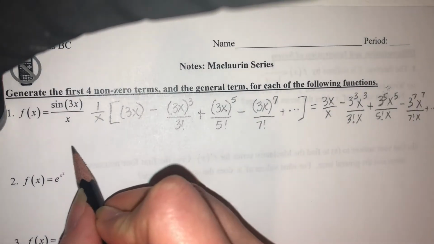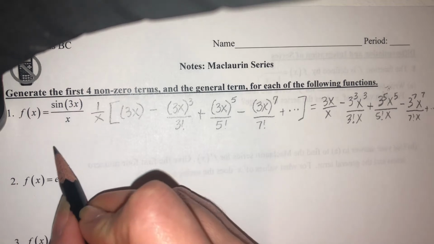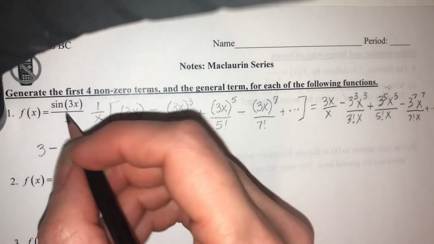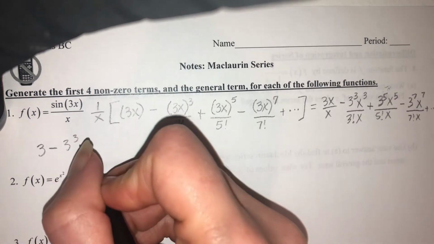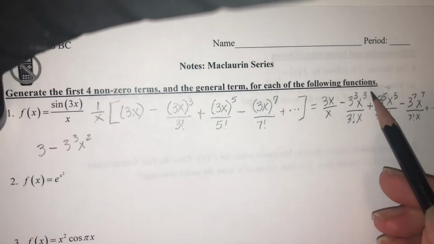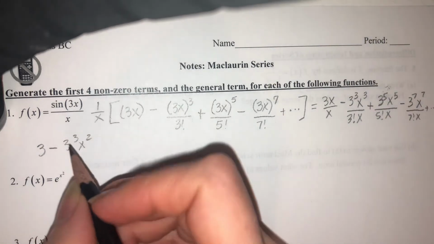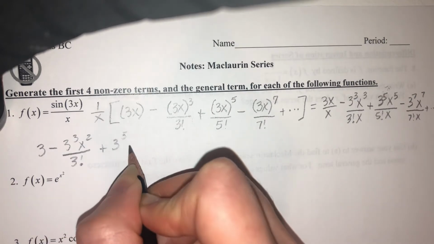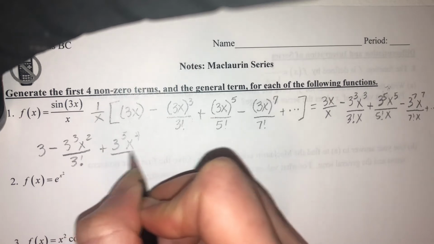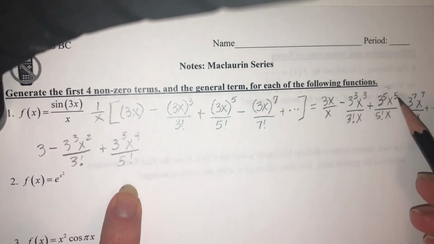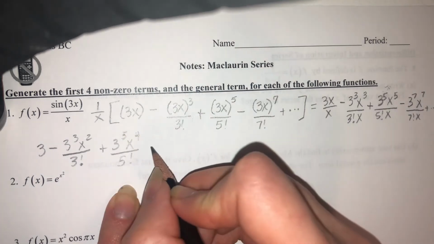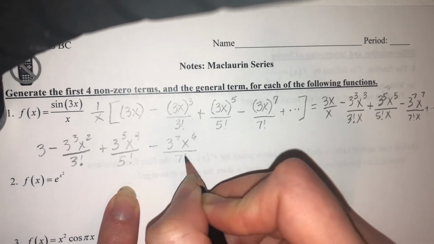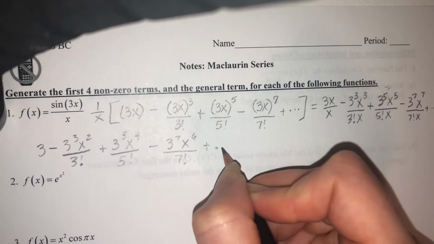X divides out an x, so the first term is just going to be 3 minus, we'll have 3 cubed and then x squared, because the x cubed divides out the x, over 3 factorial plus 3 to the 5th, x to the 4th, divided by 5 factorial, again because that x to the 5th divides out this x, minus 3 to the 7th, x to the 6th, over 7 factorial, plus dot dot dot.